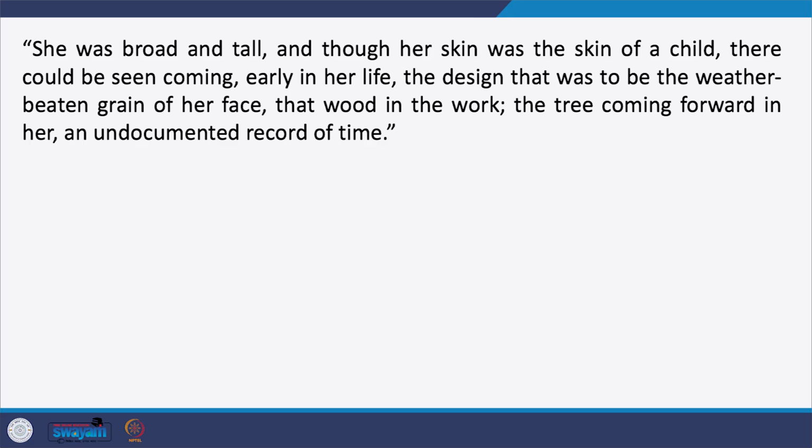This last phrase, an undocumented record of time, is an extremely complicated and ambiguous use of language. There is wordplay here. Record of time, this refers to trees and the common idea in science that one can estimate or guess the age of a tree by looking at different cross sections of the bark.